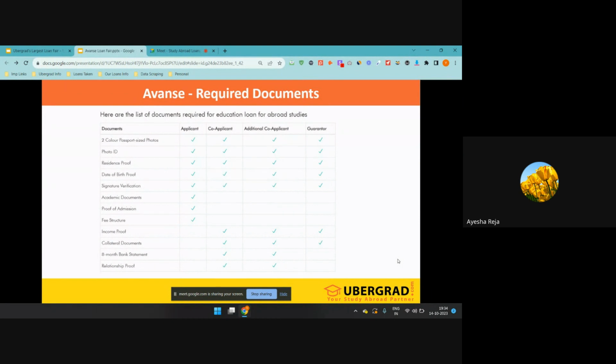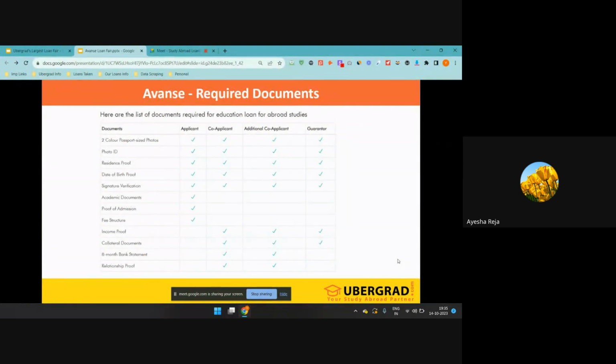These are the documents displayed here for the disbursement as well as the login process. For the co-borrower, I need the application, basic KYC, Aadhaar card, PAN card, and any account's 6 months statement. For the student, as I told, only the academics: all mark sheets, Aadhaar card, PAN card.